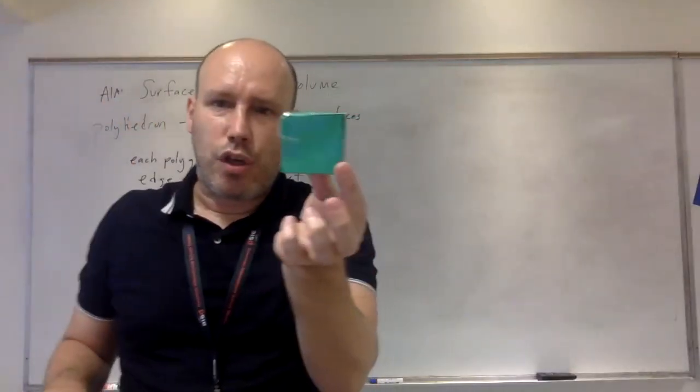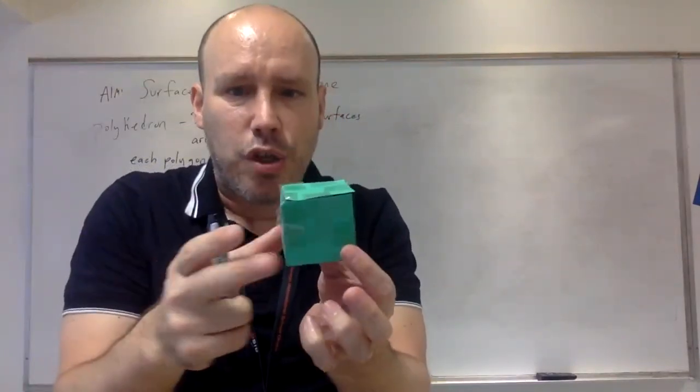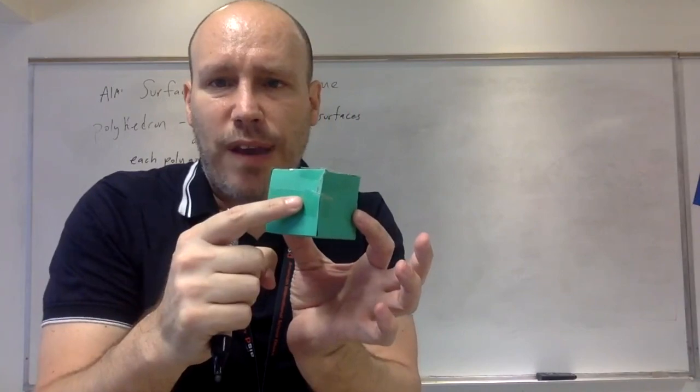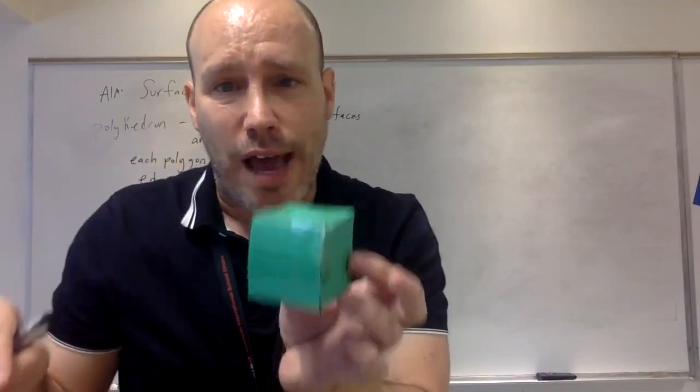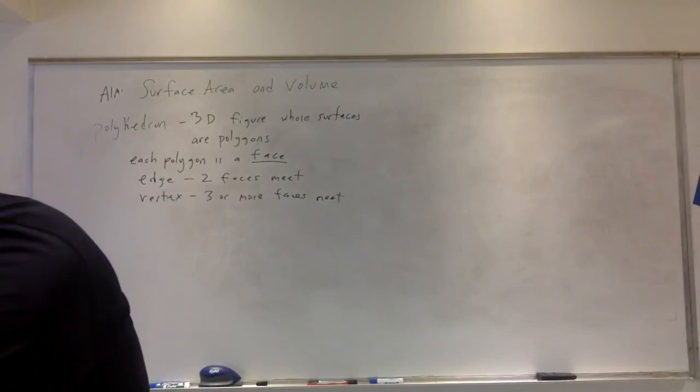So for example, here's a cube. All the squares are faces. Where two of the faces meet, this is an edge, and where three or more faces meet, that's a vertex. A cube has only three faces meeting, but we saw here, for example, a pyramid, right here, where four faces meet at a vertex. So that's the idea.